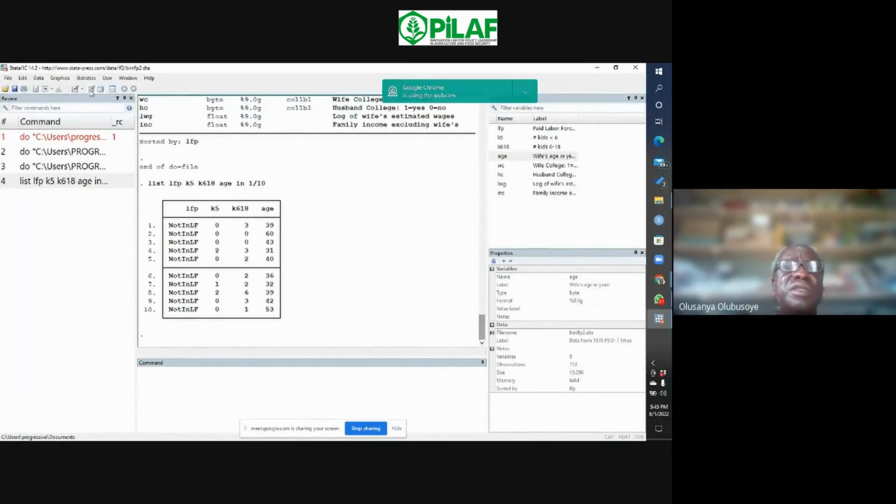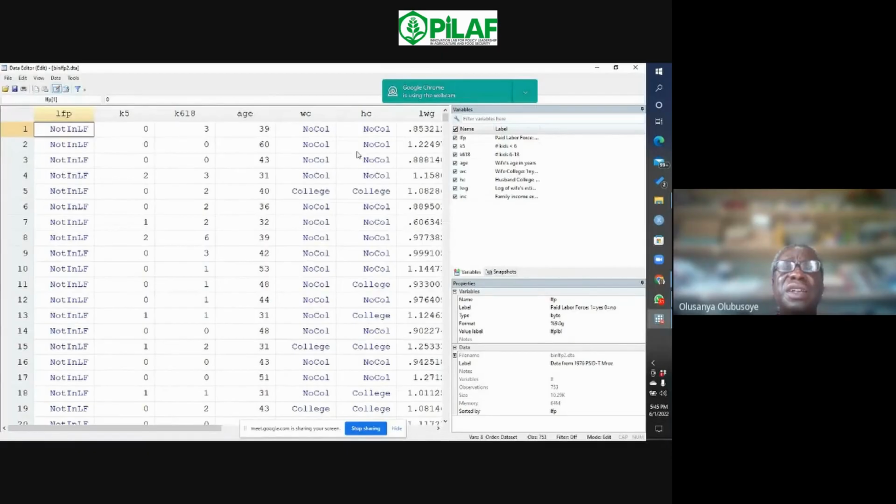But of course, you can come here to see the full data. So you can see the first person is not in labor force, which means 0. No kid below 5. 3 kids between 6 and 18. Age 39. WC is wife college.